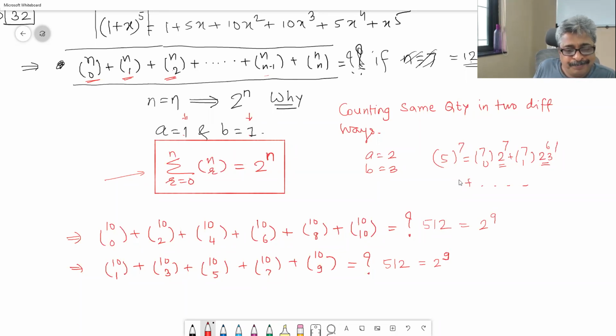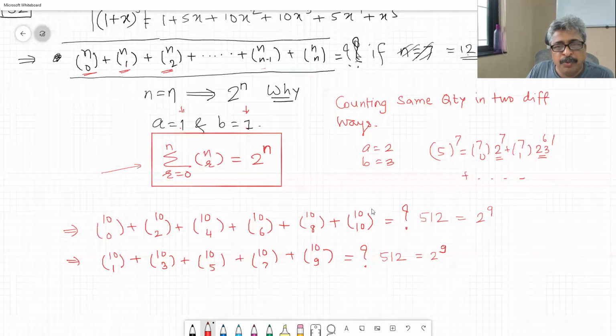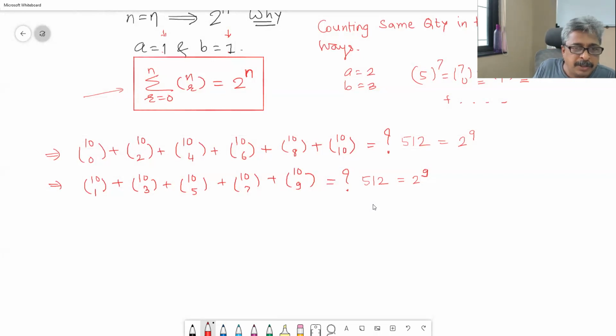So, therefore, for n if we wish to write similar result, sigma r goes from 1 to, how do I write this in sigma notation?